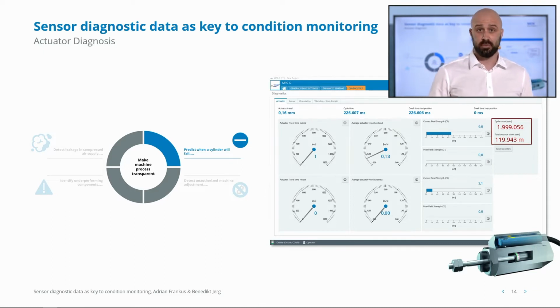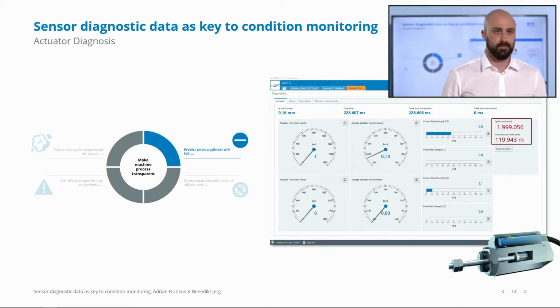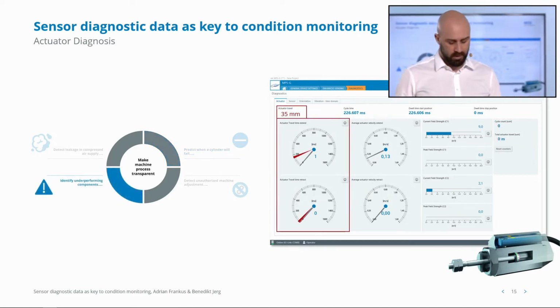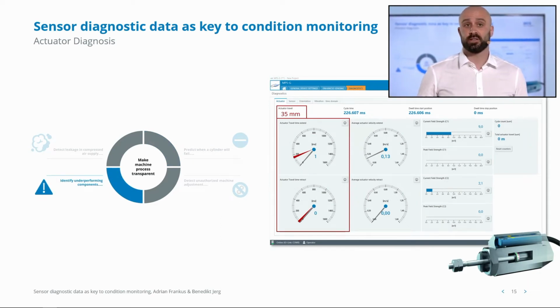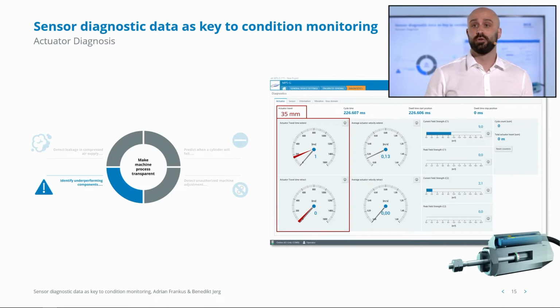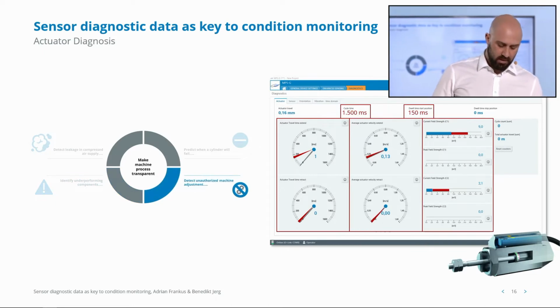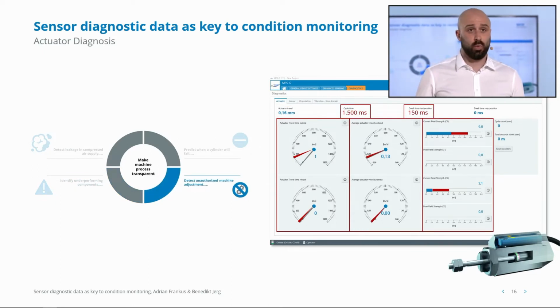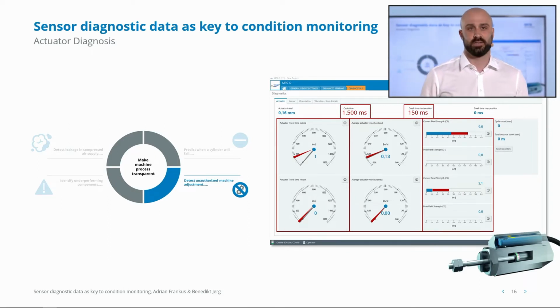And a possible measure could be to replace the cylinder before the predefined values are reached. The next possible behavior could be that the stroke gets longer. And a possible conclusion which could be drawn, the shock absorbers are damaged. And last but not least, when all values suddenly change, a possible conclusion could be that somewhere in the machine an adjustment with negative impact has been made.